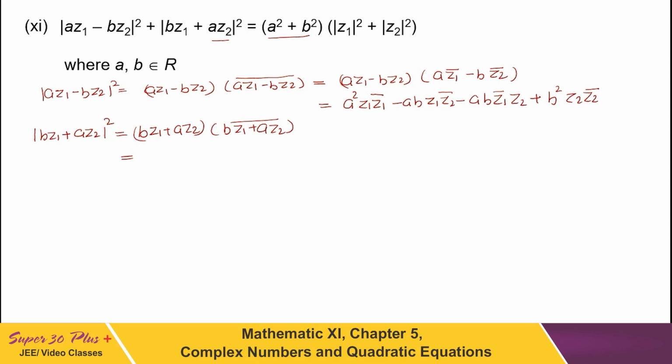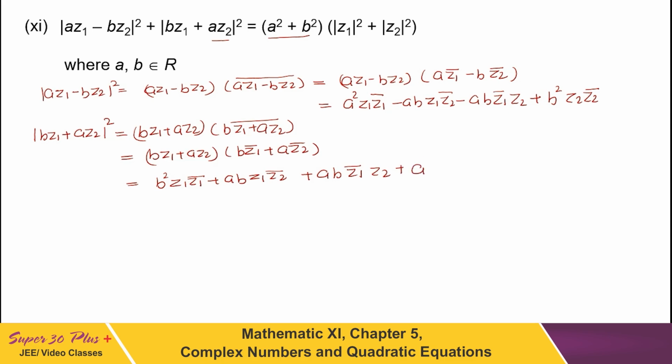Now again simplify it. It is (bz1 + az2) multiplied with (bz1 bar + az2 bar). Simplify it: b² z1 z1 bar + ab z1 z2 bar + ab z1 bar z2 + a² z2 z2 bar.